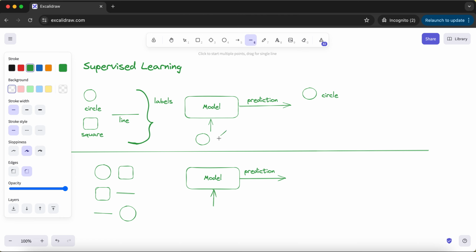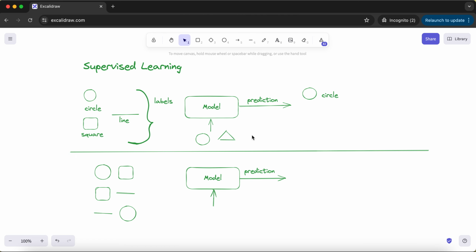Let's say it got a triangle at the time of production, but it doesn't know it is a triangle.